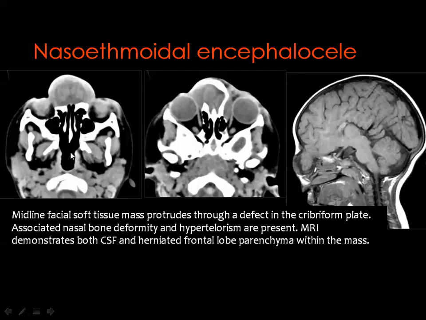And these are axial CT images and a coronal T1 weighted MR image showing the defect in the anterior part of the cribriform plate of ethmoids, the meningeal sac containing brain tissue, and you can also appreciate the presence of brain tissue in this encephalocele.